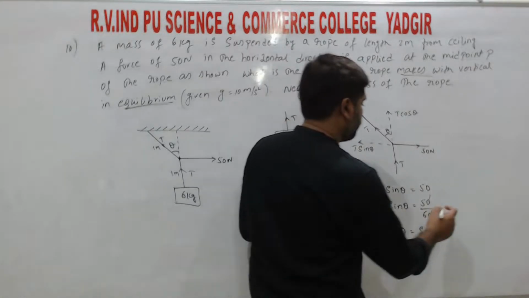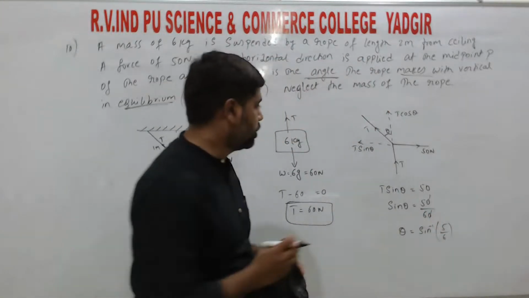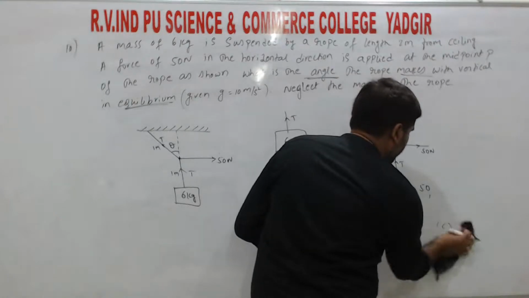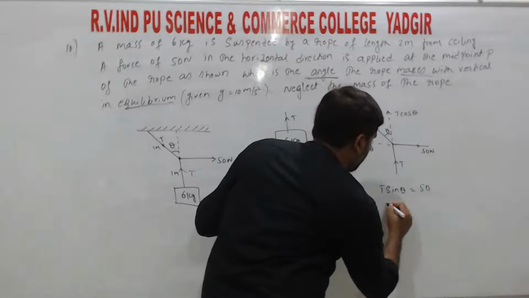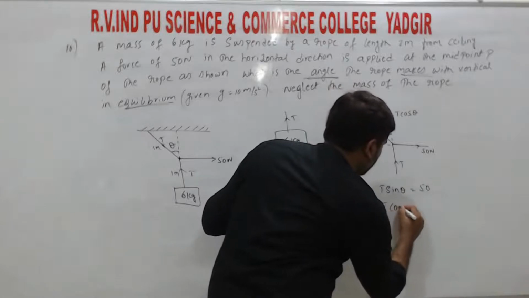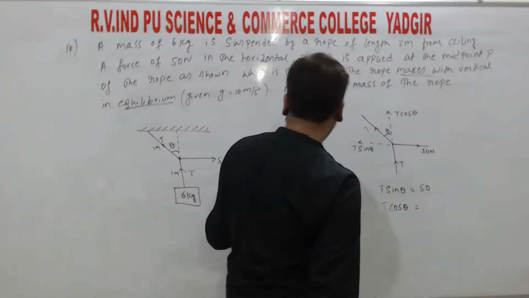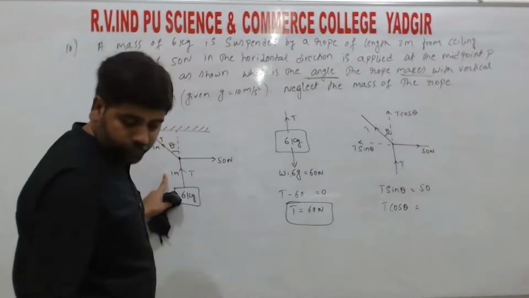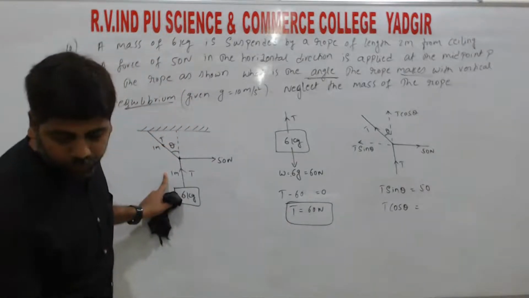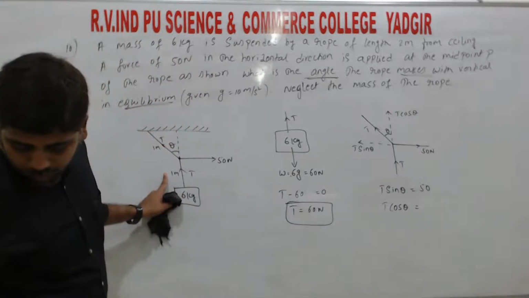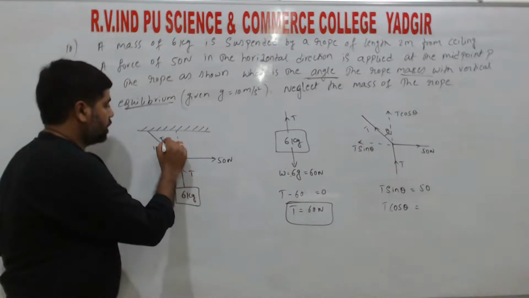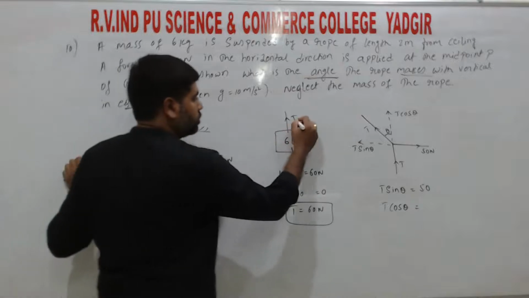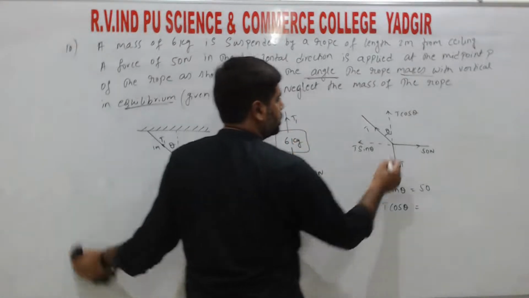So here, balanced force: T sin theta is equal to 50 totally. Upward force is equal to downward force, that is T cos theta. Here we have taken them as T1 and T2.